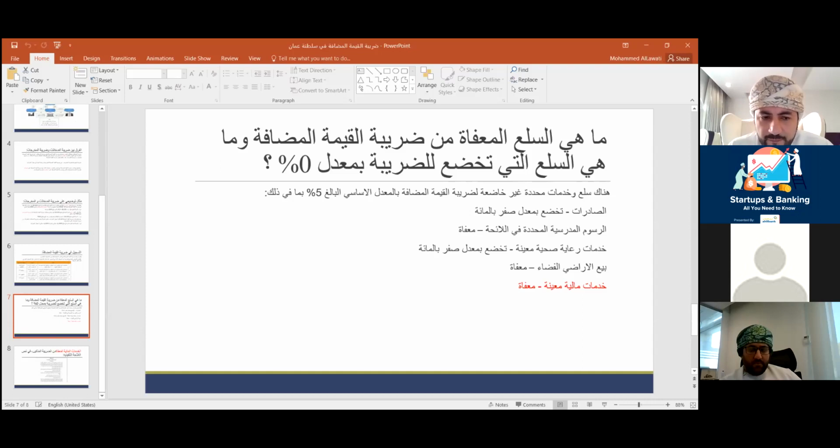So the exempt cannot be changed until the government itself announces it, but the 0% may change anytime to any percentage in the future. Here we have an example of 0% and exempt. As we know, education, lands and financial services are all exempted, and some kinds of health services have 0%.